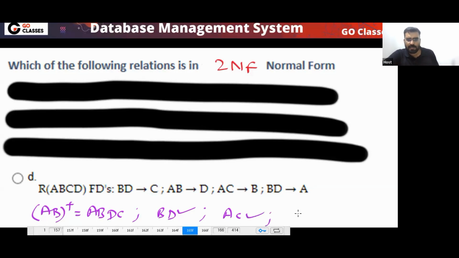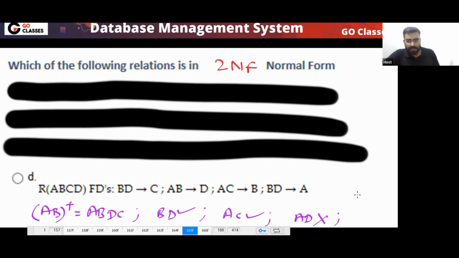What about AD? If you find AD plus, that is AD, nothing else. So this AD is not a candidate key.